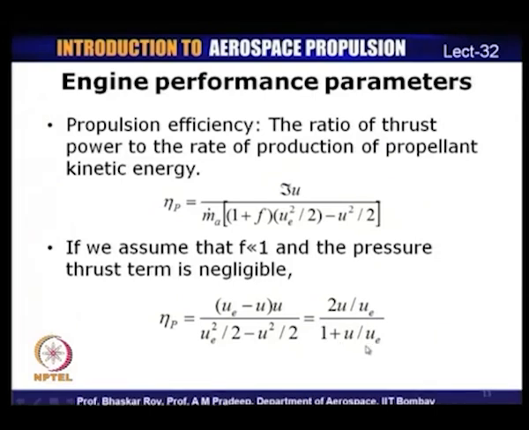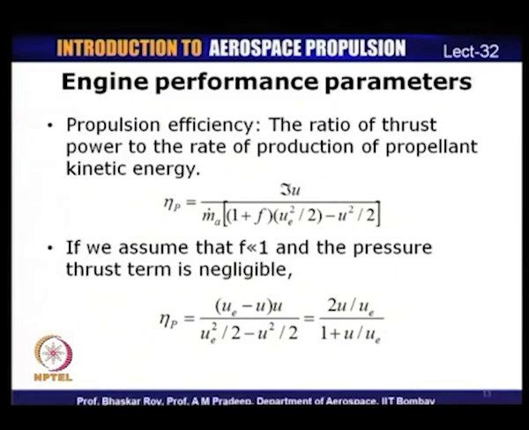That is, propulsion efficiency is a function of the ratio of the two velocities involved here: the flight speed, or inlet velocity, and the exit velocity u e. This means that if u is equal to u e, the numerator and denominator are equal to 2, and propulsion efficiency becomes 1.